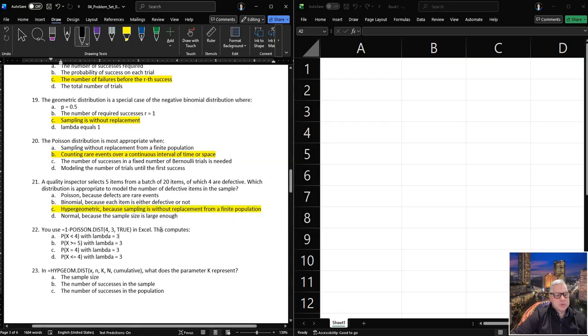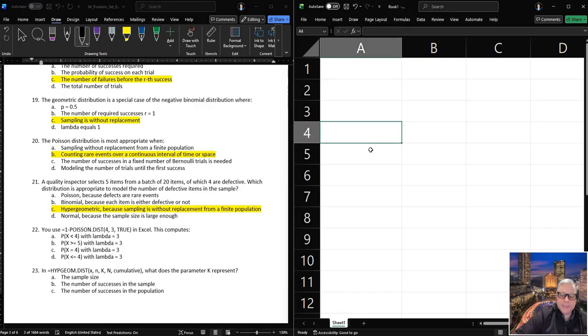Okay, you use 1 minus Poisson.Dist 4, 3, true in Excel. So this computes, if you just take a look at Poisson.Dist 4, 3, true, what do we get? Poisson.dist, and then we get 4 events when the average is 3, and it's cumulative.